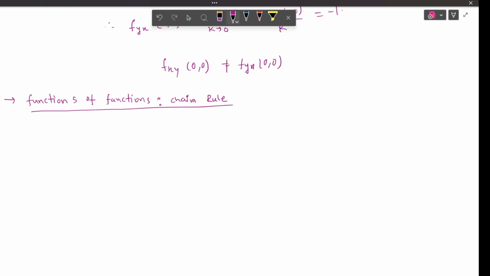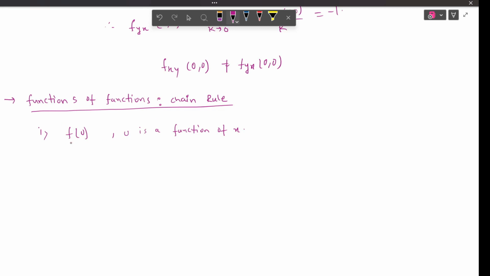So let us say we are finding out here the chain rule for functions of two variables. So let f(u) be a differentiable function of u, and u is a function of x.